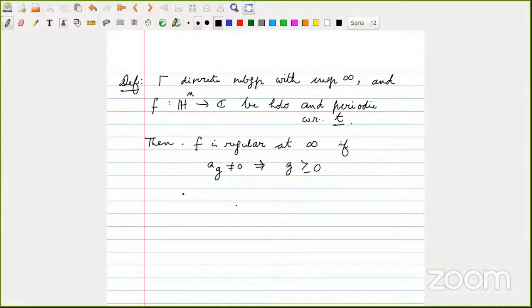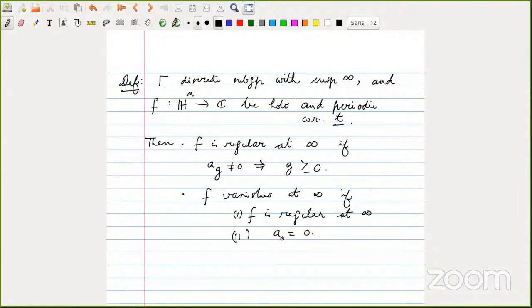Then f vanishes at infinity if f is regular at infinity, and I also need that if I have an A_0, then this is equal to 0.